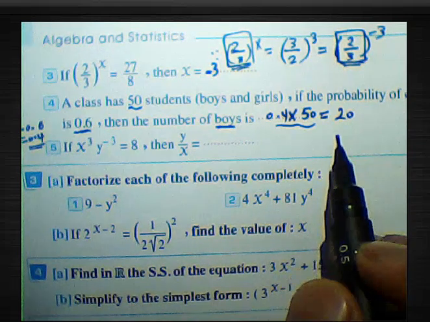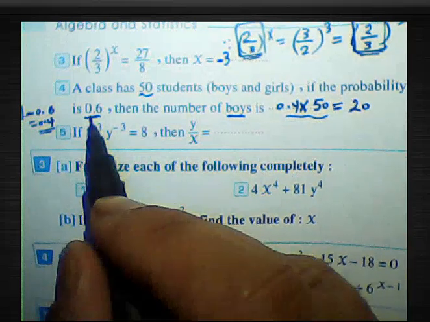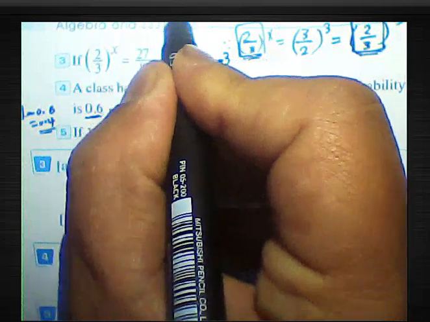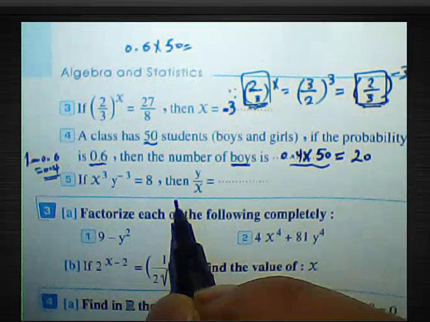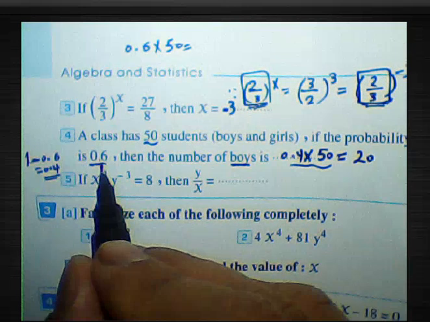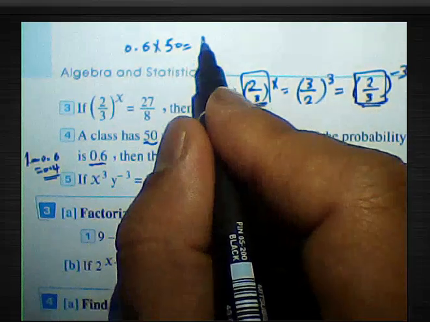You can find the result by another method, by finding the number of girls: multiplying the probability of girls by the total. 0.6 multiplication by 50 equal 30 girls.